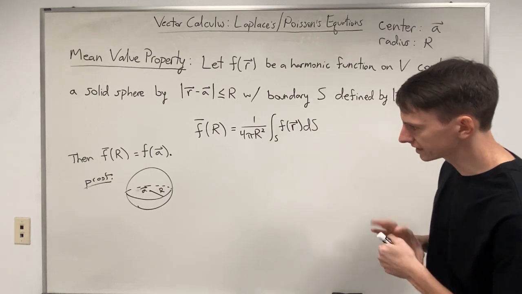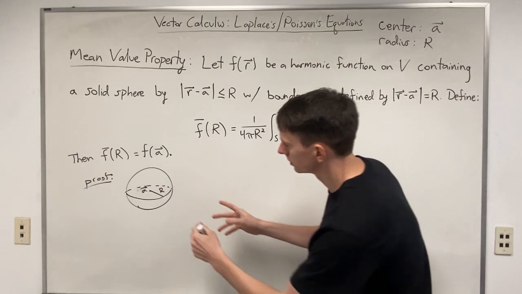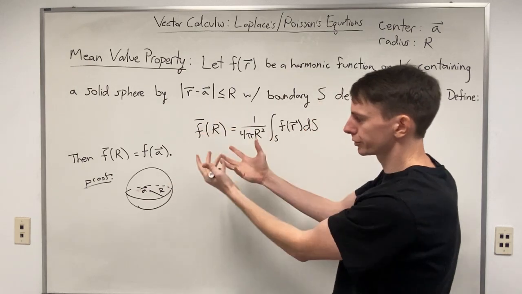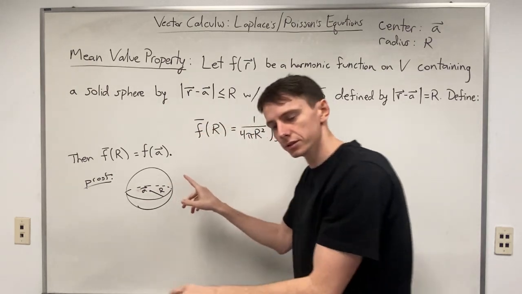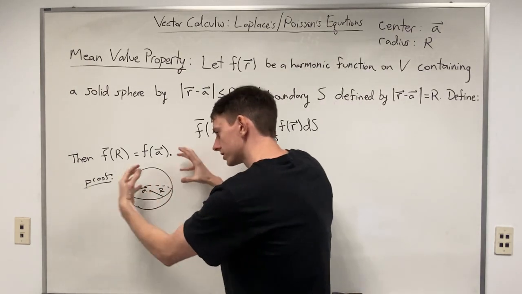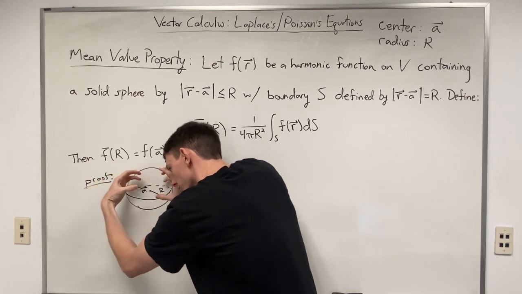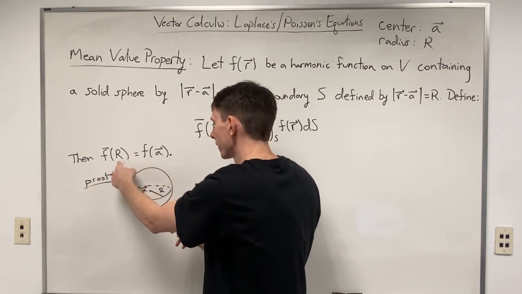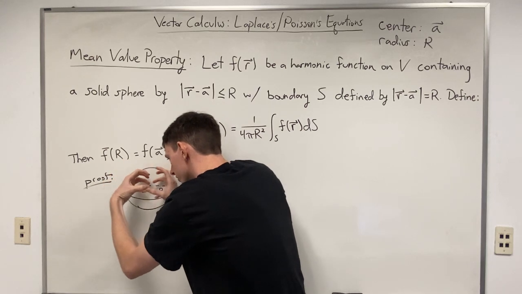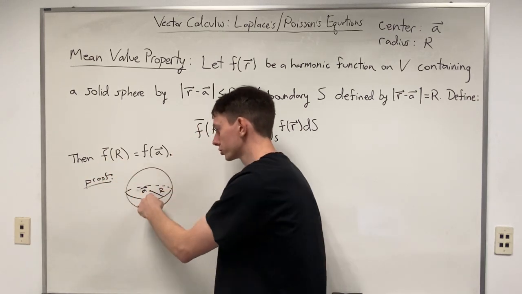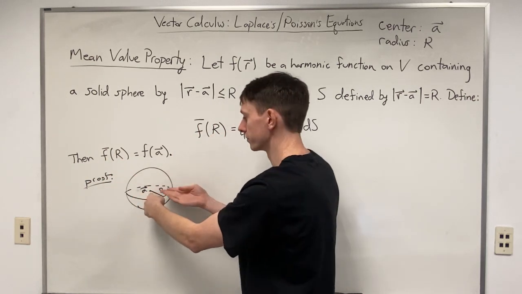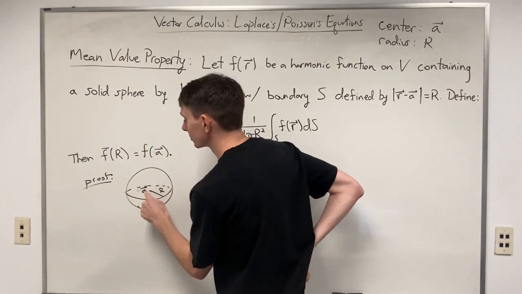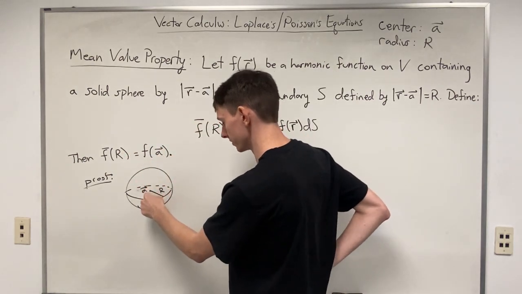And hopefully it makes sense that if you were to take the average value on the boundary, on this spherical shell, but then you were to do something else. You were to shrink this spherical shell so that it gets closer and closer, it gets progressively smaller. You're shrinking the value of r. As it gets smaller and smaller, it's going to get closer and closer to just the center of the sphere. And in the case where it gets infinitesimally small, it's going to get infinitesimally close to the center of the sphere.